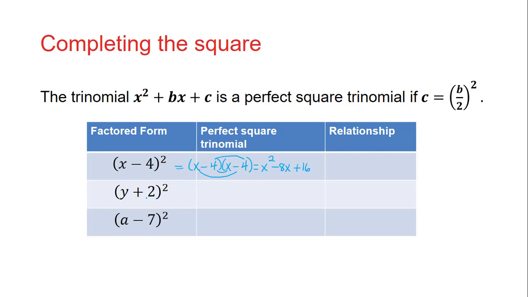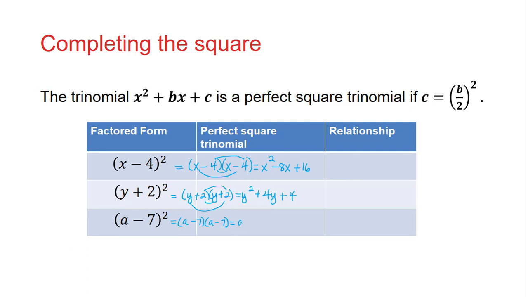Another example is y plus 2 quantity squared, so when we multiply that out, y plus 2 times y plus 2 is y squared plus outer and inner are each 2y, plus 2y, which is plus 4y plus 4. And then a minus 7 squared is a minus 7 times a minus 7.